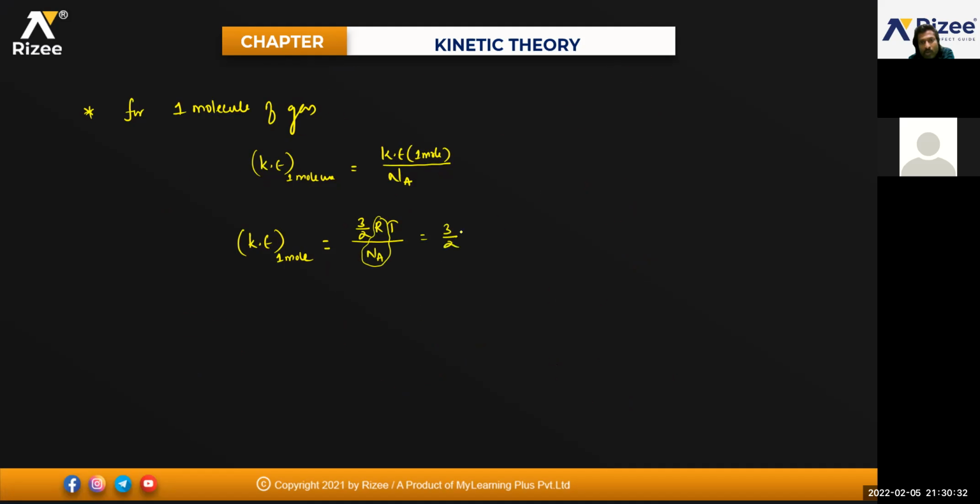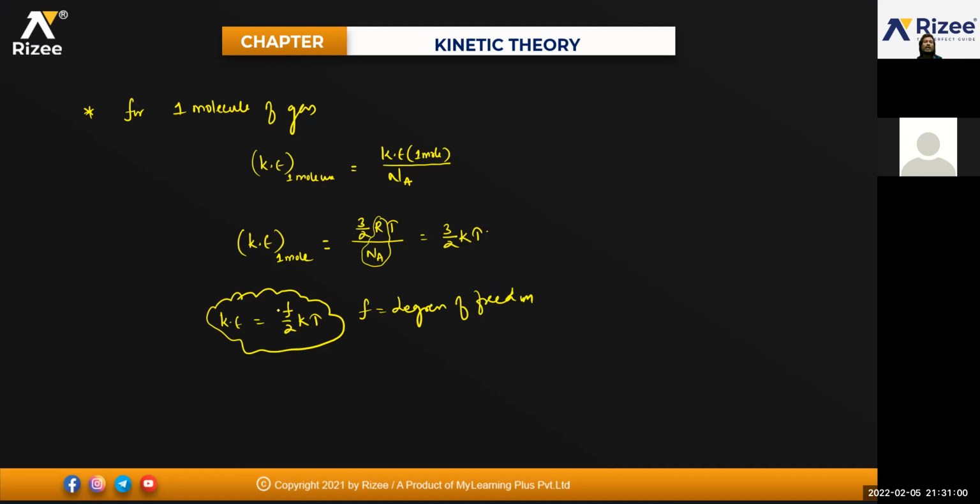So it is 3/2 into k into T. So for translational energy, kinetic energy becomes f/2 into k into T. f is nothing but the number of degrees of freedom. f is your degrees of freedom.